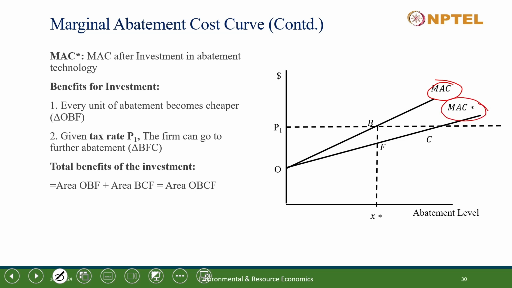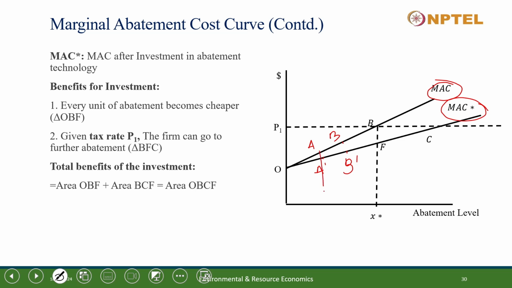Through investment in abatement technology, my abatement cost curve has a different slope. For each unit I have a lesser abatement cost. A, B are the costs when there is no investment; A dash, B dash are the costs I incur after the investment in the new technology.